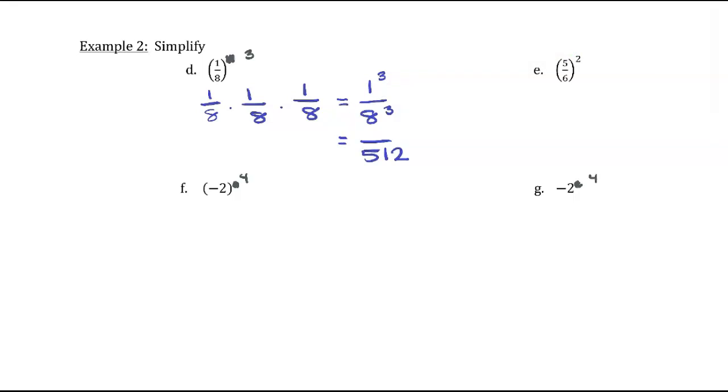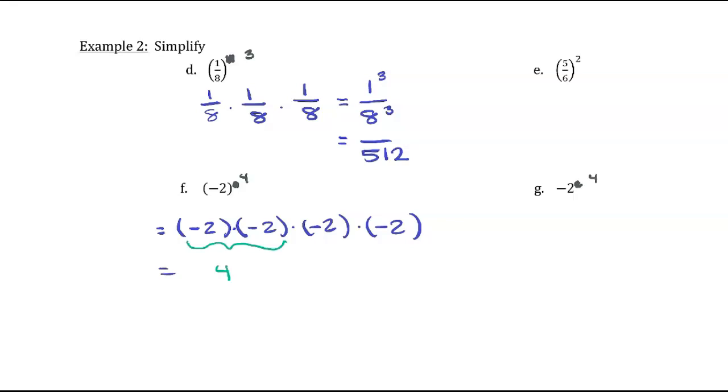Let's take a look at F. In F, I have negative 2 to the 4th. That is, I need to do negative 2 times negative 2 times negative 2 times negative 2. Keep in mind that 2 negatives multiplied together make a positive. That is, when I multiply these first 2 together, I get positive 4.